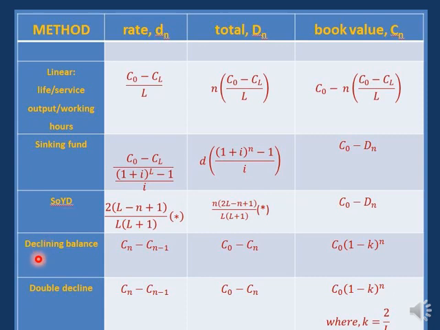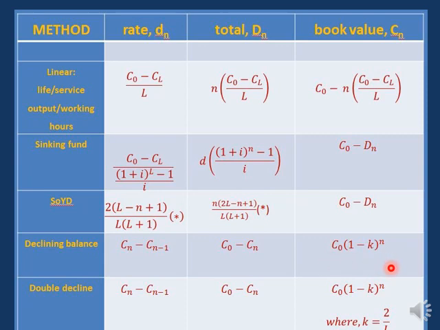For the declining balance method, we have this formula. To determine the rate of depreciation, we subtract the adjacent book value, that is the depreciation for that year. For the total depreciation, we deduct the depreciation for that year from the initial cost. And for the book value, this is a direct formula, and this is the very first formula that we can use for declining balance method.